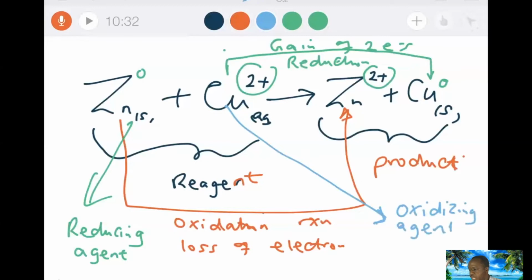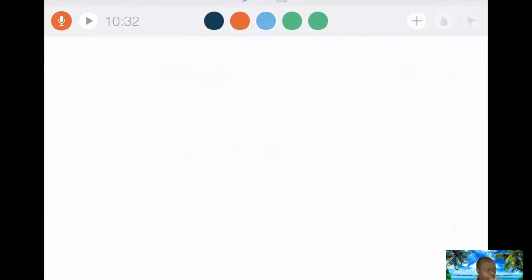It's quite confusing. Nationally, students do have a challenge in defining these about 6 terms associated with redox reaction. What is being reduced is an oxidizing agent. An oxidizing agent is reduced. Reducing agent is oxidized. So these are the terms you need to learn as far as the redox is concerned.